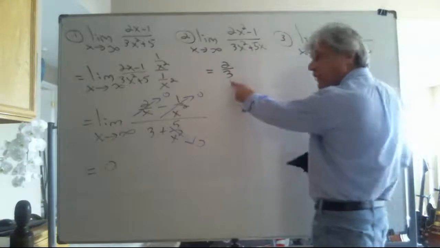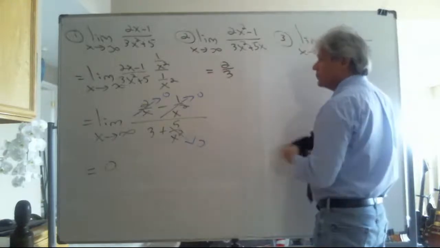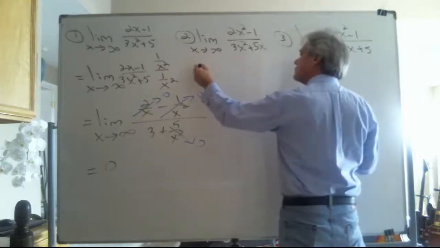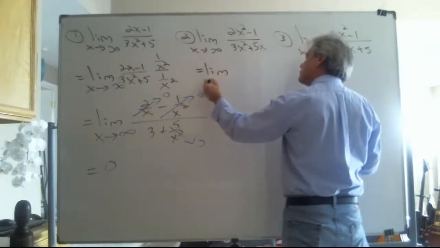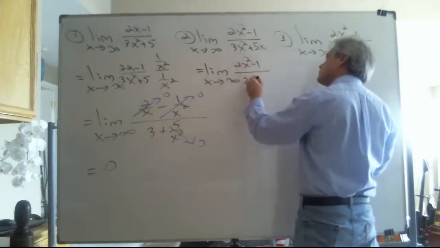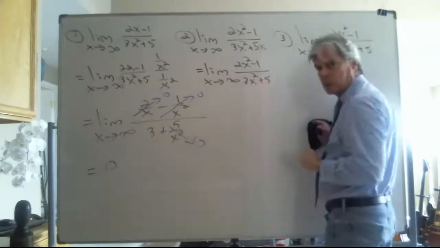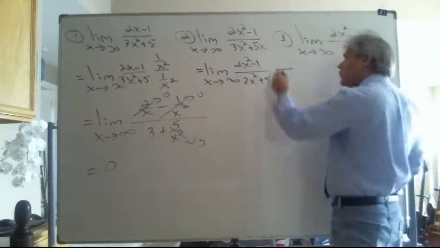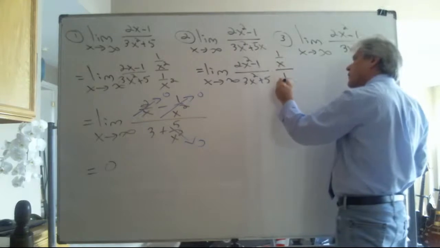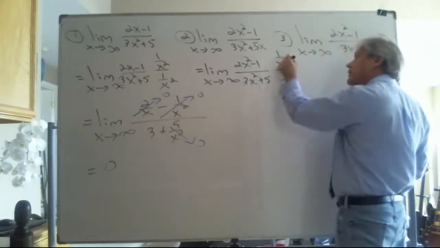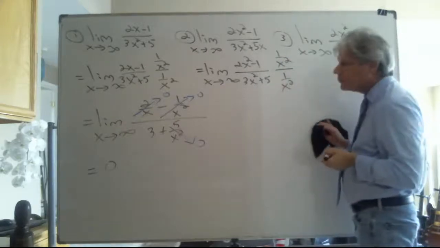Let's see if I can come up with that value using this new tool. Multiplying by a funky looking form of 1, which is 1 over x to some power divided by itself, where the power for x is the highest power I see x being raised to in the denominator.